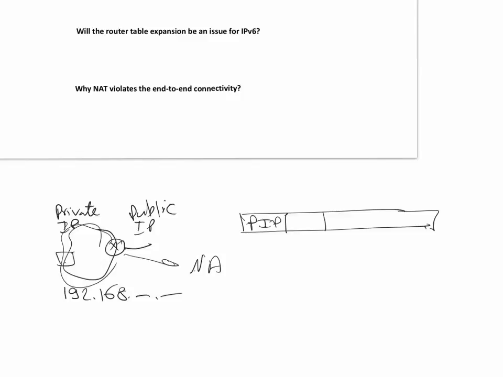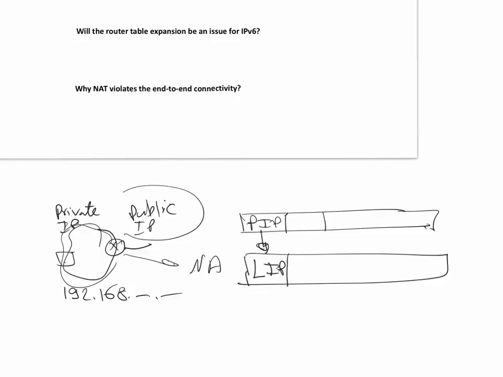It will take this packet and it will change it. It will change the private IP into a public IP. And this public IP is shared for all devices. Okay? So network address translation talks about the fact that you change the private IP into public IP when you send the packet.